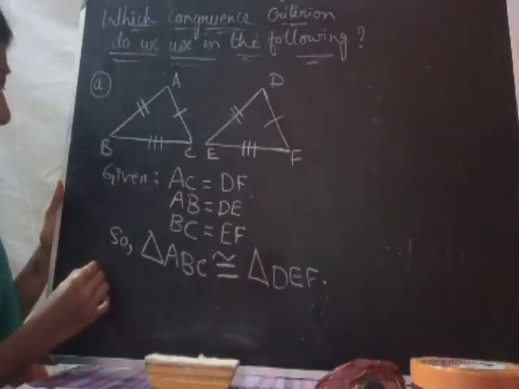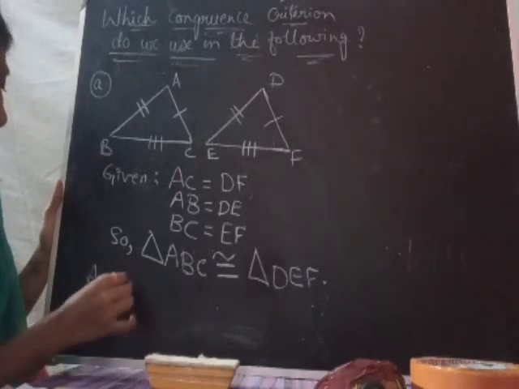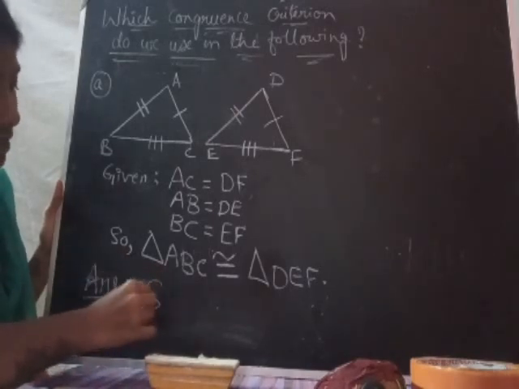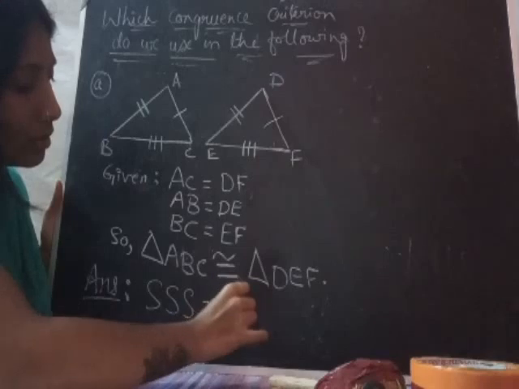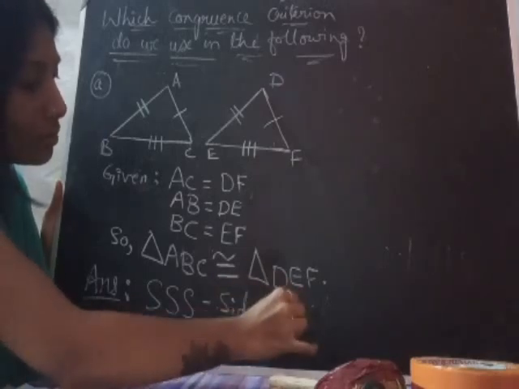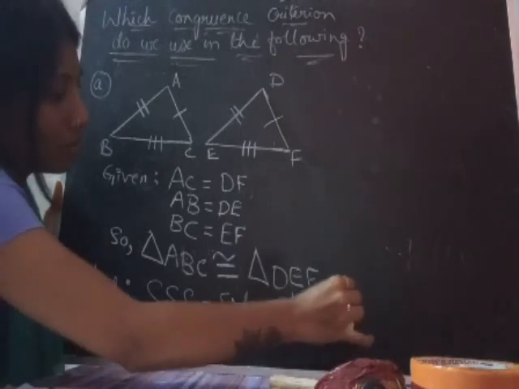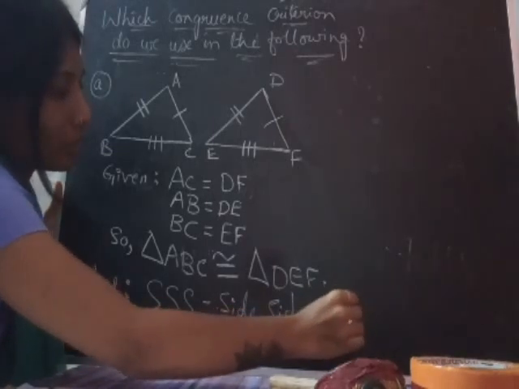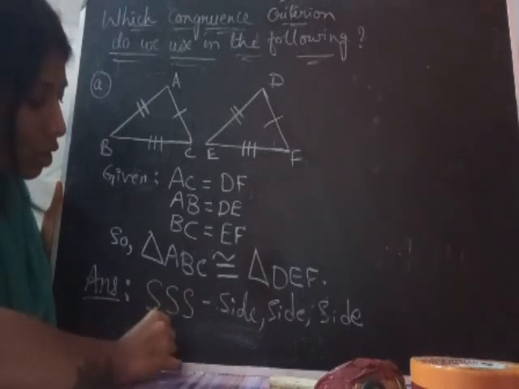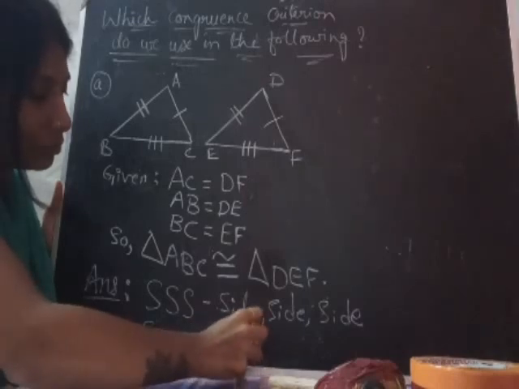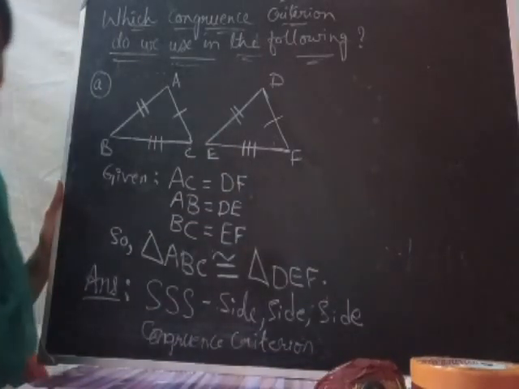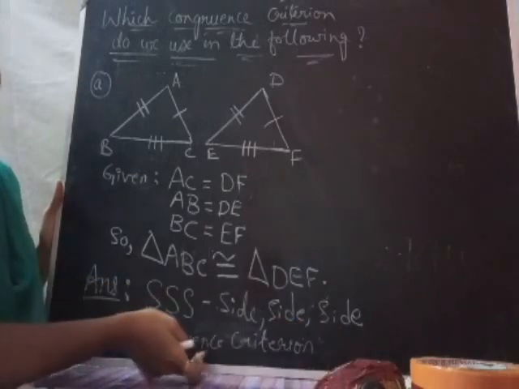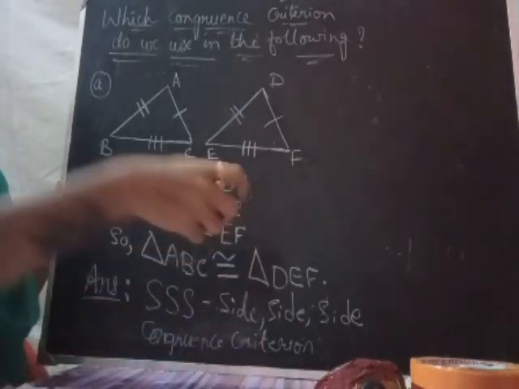So the answer is SSS, that is side, side, side congruence criterion. So next one.